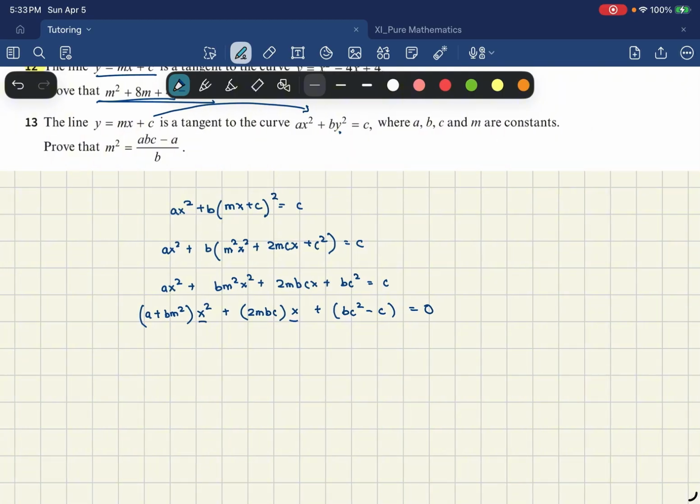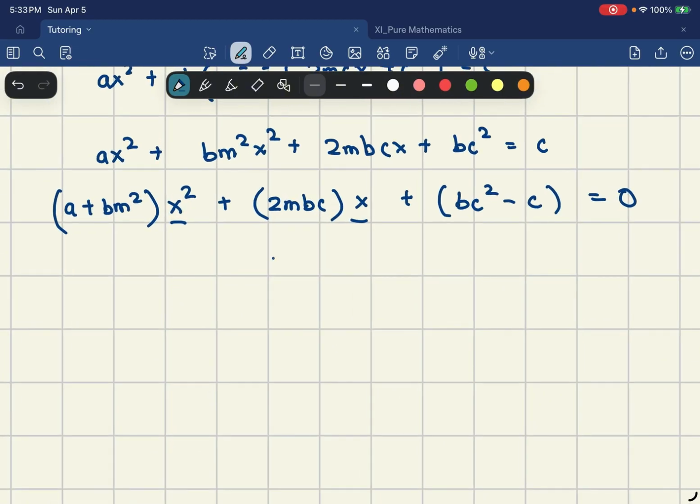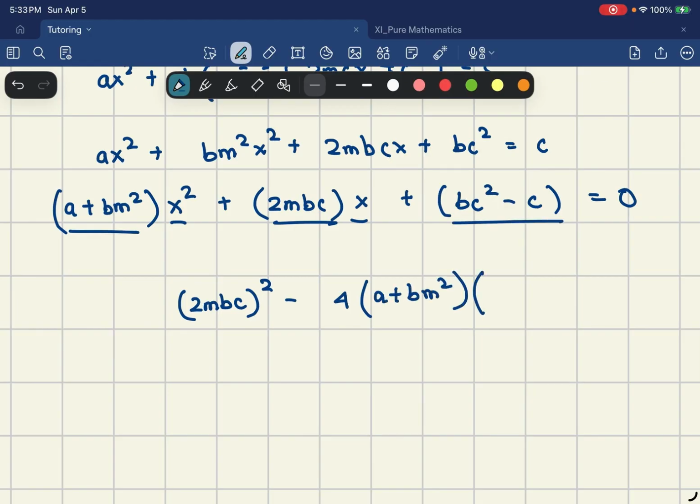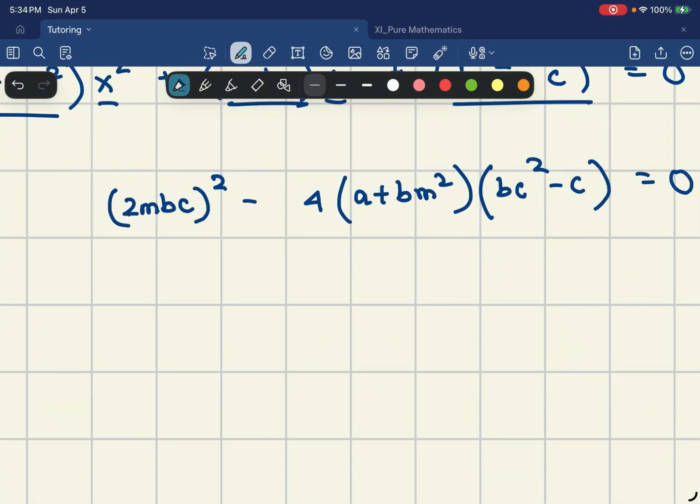And now, because we want tangent, only one point of intersection, that means my discriminant, b squared minus 4ac, where a is this expression and c is this expression, should be equal to 0. Alright, so if I square this, I get 4m squared b squared c squared minus 4.